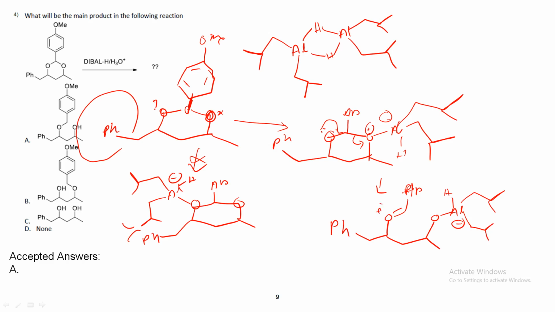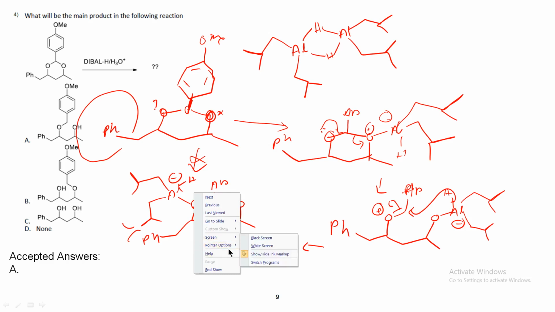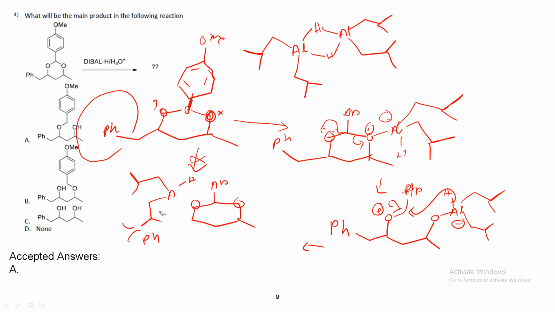Now what should be happening? So it tends to neutralize. This H minus can attack and this can be opened up. So let me clear this part. So it is well understood now.